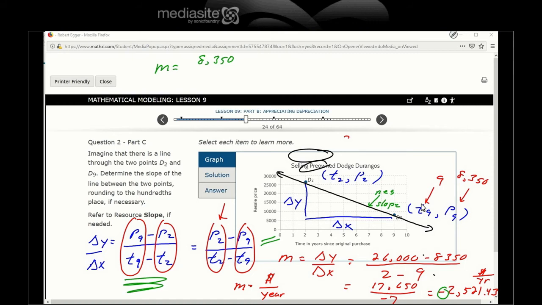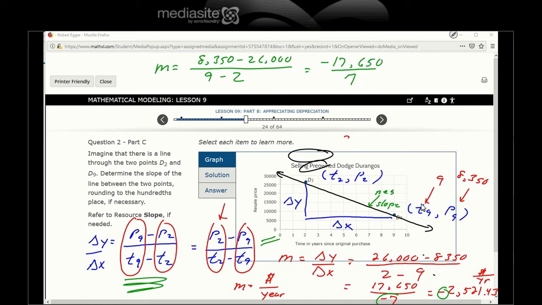Yeah. 26,000 over T9 minus T2. The difference here now is I have a plus 7 instead of a minus, but instead of a positive 17,650, I get negative 17,650 over here.